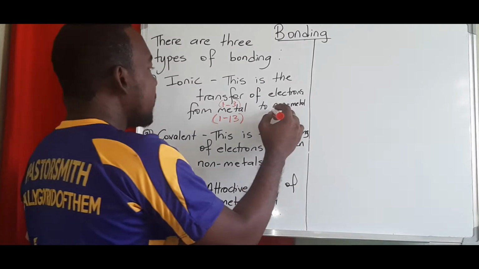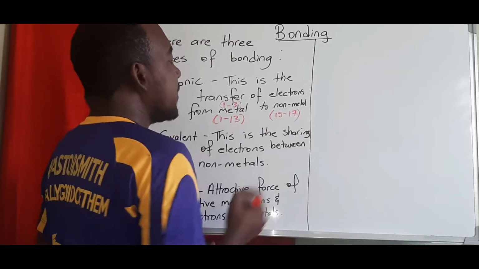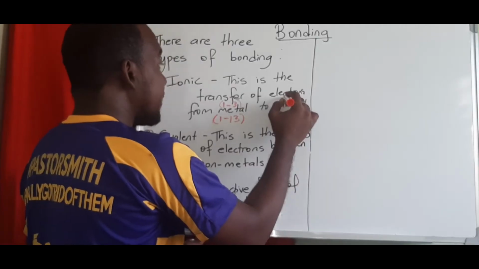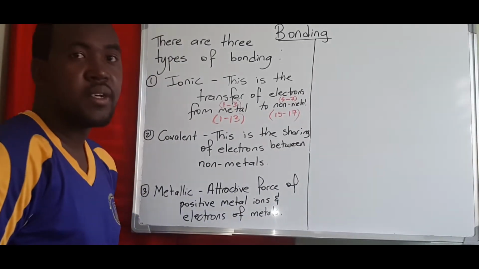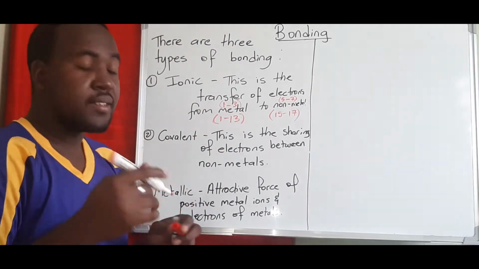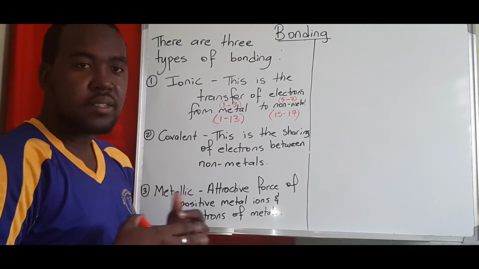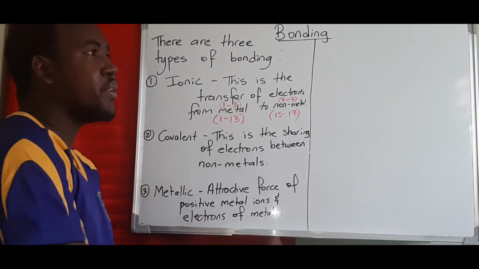And non-metals are from group 15 to 17, which means they have 5 to 7 electrons on their outer shell. Group 8 or 18, as you know, would not be involved in bonding, because they are already full.